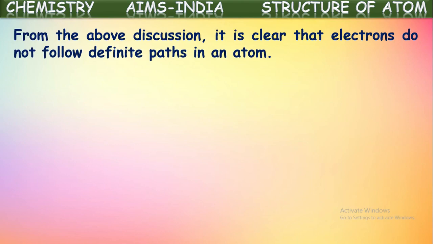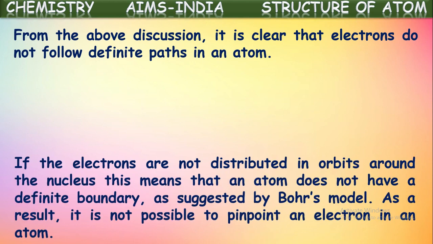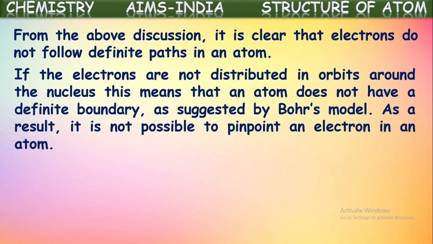From this discussion, it is clear that electrons do not follow definite paths in an atom. If electrons are not moving in definite orbits around the nucleus, this means that an atom does not have a definite boundary as suggested by Bohr's model.